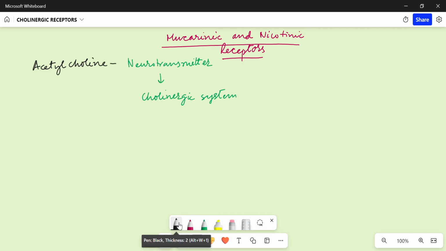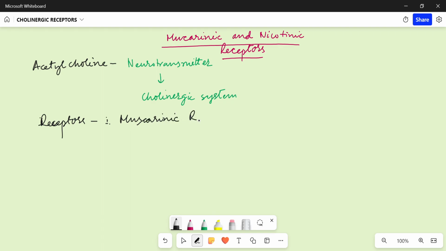Acetylcholine acts through two types of receptor. One is muscarinic and another one is nicotinic receptor.